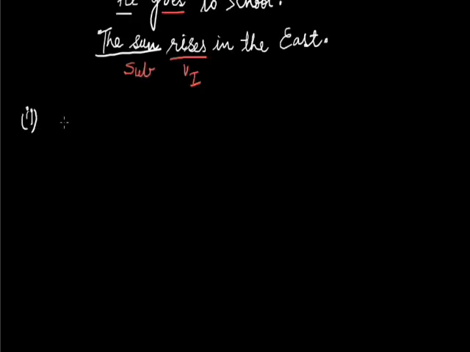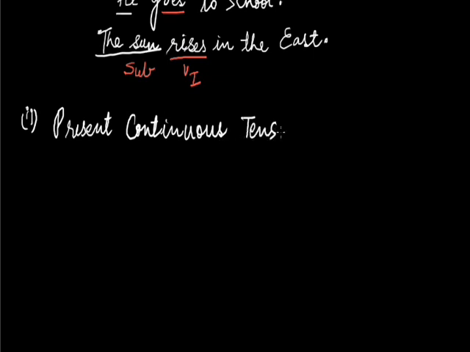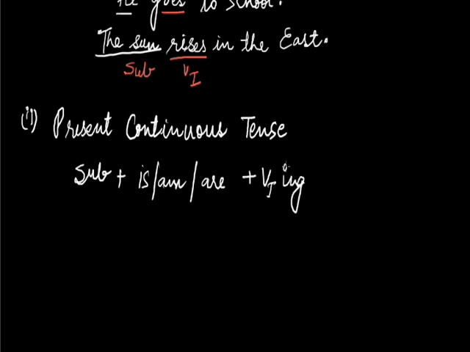Now the second category of present tense, that is present continuous. The general formula for writing a sentence in present continuous tense is subject plus is or am or are plus first form of verb with ing. Let us better understand this with the help of a few examples.